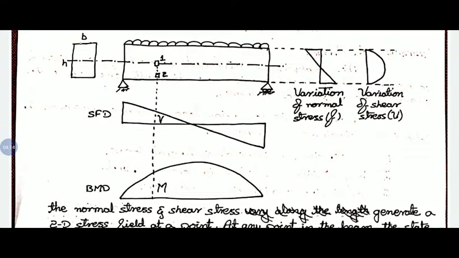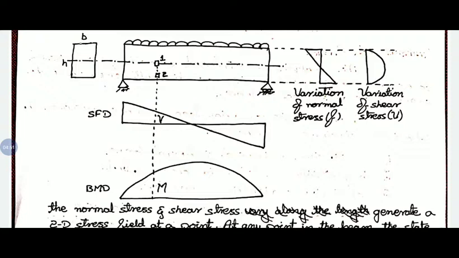Here the normal stress and shear stresses will generate 2D stress fields at a point, and the 2D stresses at any point in the beam will be expressed in terms of principal stresses. These principal stresses will be understood by using the concept of Mohr's circle. Before the beam gets cracked, the stress carried by the steel is negligible.